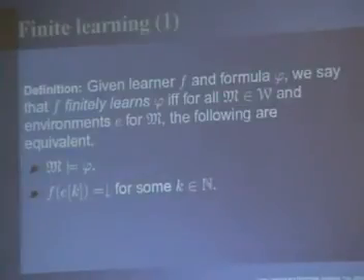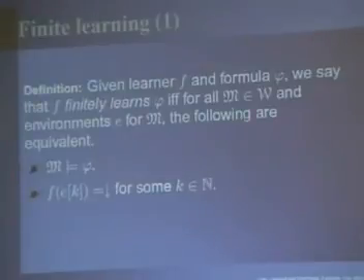Okay? So, given a learner f and a formula phi, we say that the learner f finitely learns phi if and only if for all models M from the class of concepts W that we have selected, and environments E for M, which is the sequence of data that are true in M, the following are equivalent.